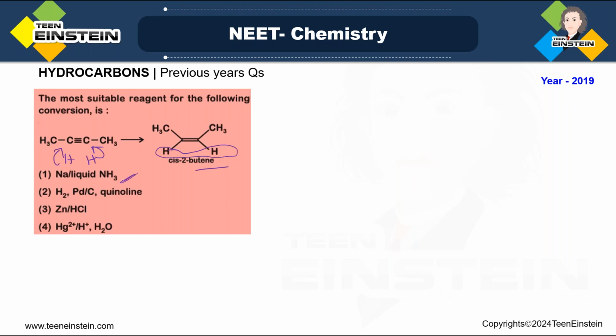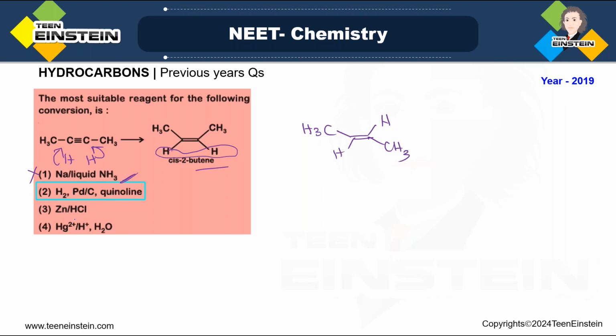If you use the first reagent, sodium in liquid ammonia, you basically get the trans structure, so this is not the correct option. But when you use the second reagent, which is Lindlar catalyst, the reaction will give you syn addition, and ultimately it will lead to cis-2-butene. So the second option is the correct option.